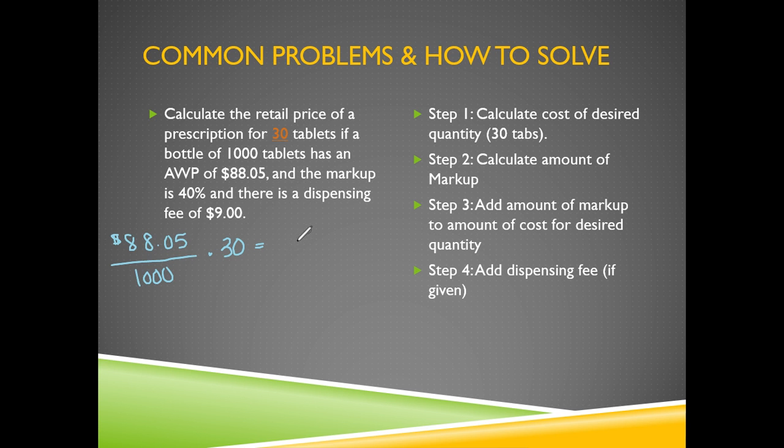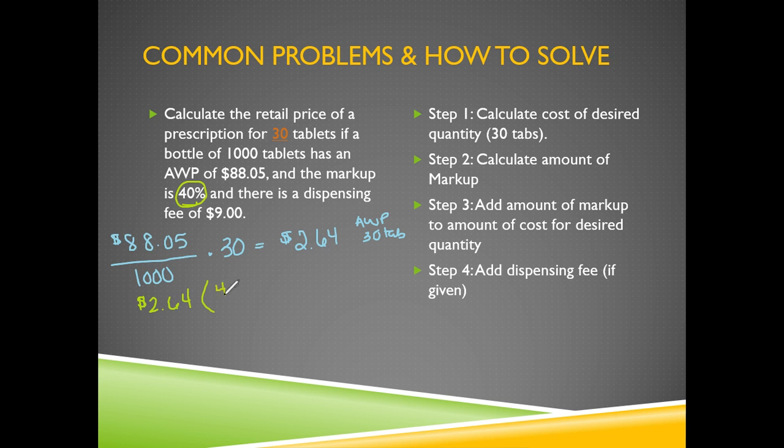So I have 88.05 divided by 1,000, times 30, and that gives me $2.64. This is my AWP for 30 tablets. The next step is to calculate the amount of the markup. We do this by taking our AWP, which is 2.64, and multiplying it by our markup, which is 40%, but we multiply it as a number.